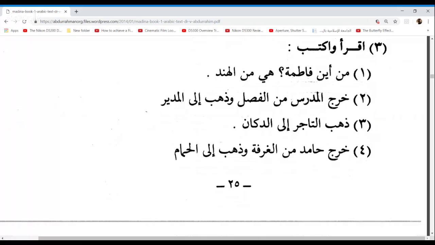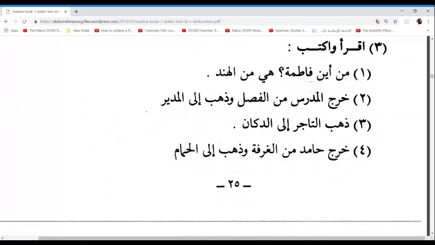If somebody recites it with the wrong sound, that means they're also reading the Quran incorrectly. There are some letters we make a heavy sound with, like seen and sod, and kha and ra. But letters like ta have an open sound. So yes, ذهب التاجر إلى الدكان. What does that mean, Yusuf?